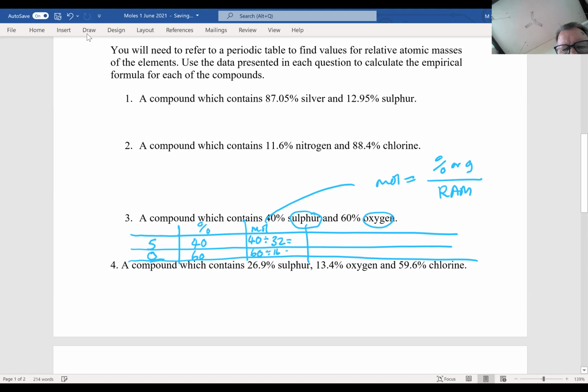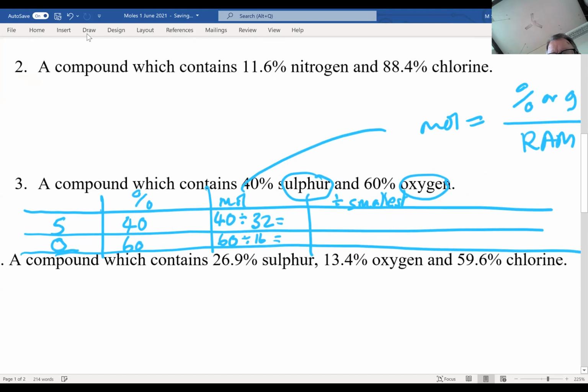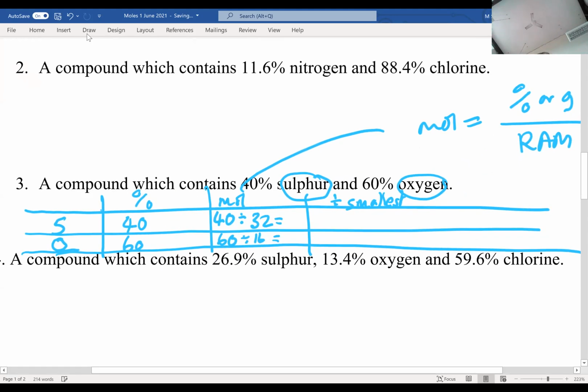Now I'll let you do this while we just move on a little bit, so you can work that out, and then you divide both of those answers by the smaller one. I'll just make that a bit bigger, sorry. It's very straightforward arithmetic. So the first one will be 1.25. Sorry, that's 1.25, my apologies.